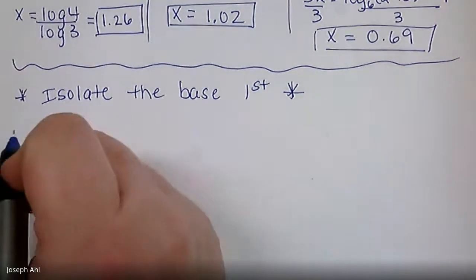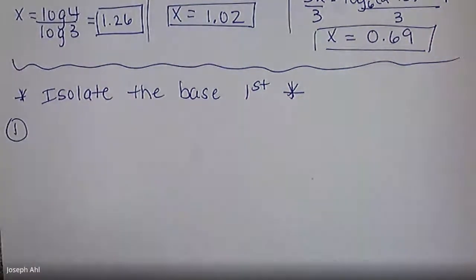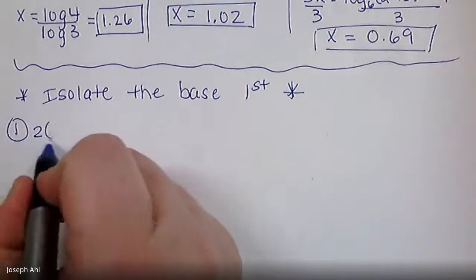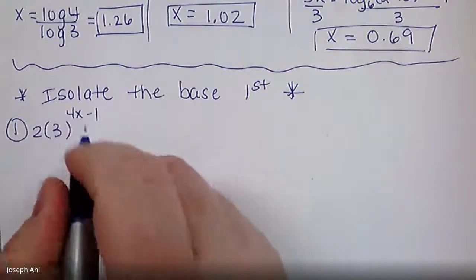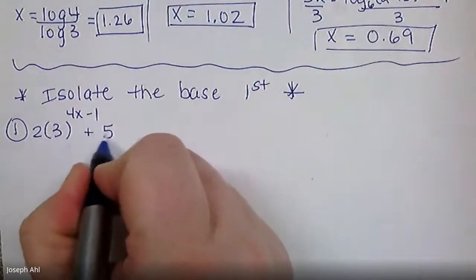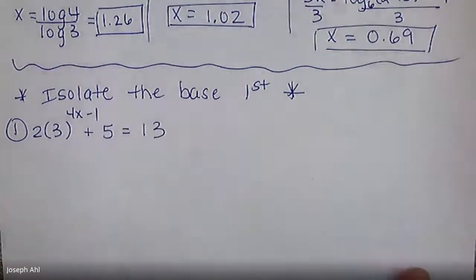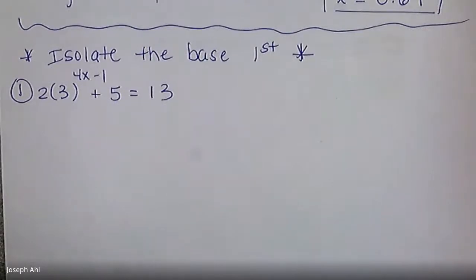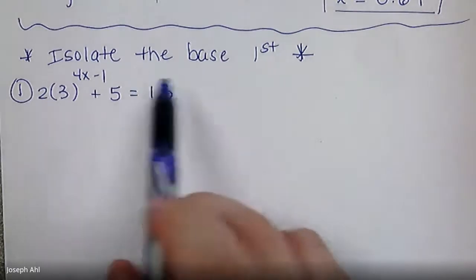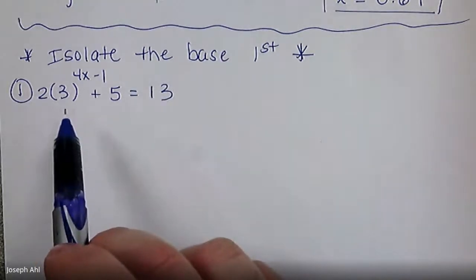Let me give you an example of what I'm talking about here. If I gave you 2 times 3 to the 4x minus 1, plus 5 equals 13. Okay, this looks a lot more complicated than what we have up above, but I'll tell you, it's really not that different. But you do have to take some steps to isolate the base of this exponential first.